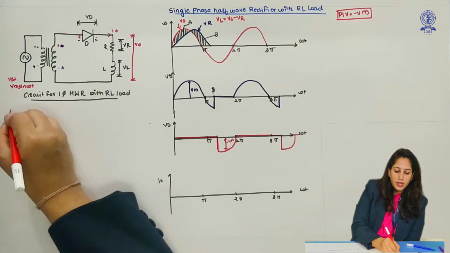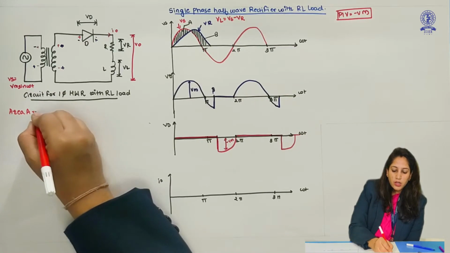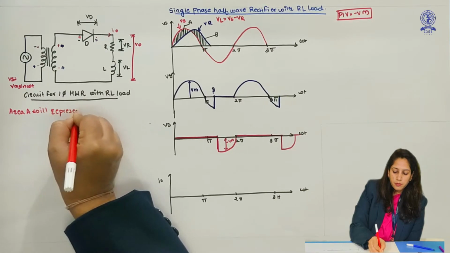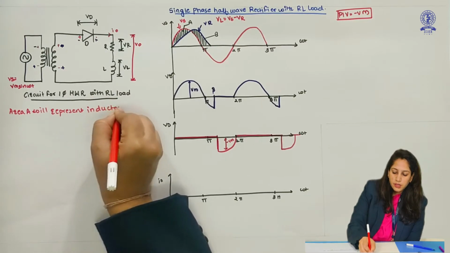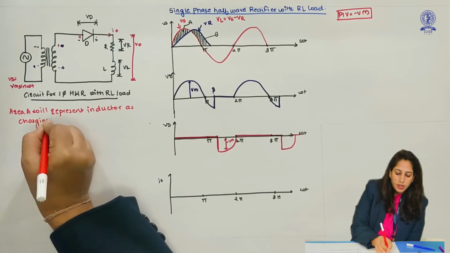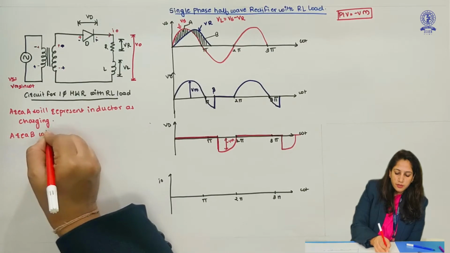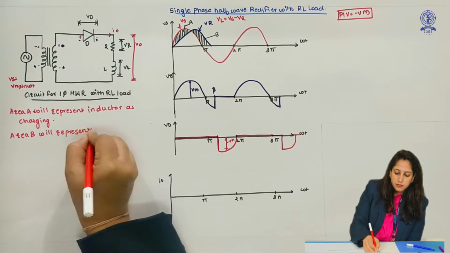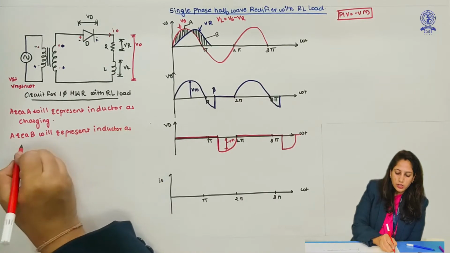Here area A represents the inductor as charging, and area B represents the inductor as discharging.